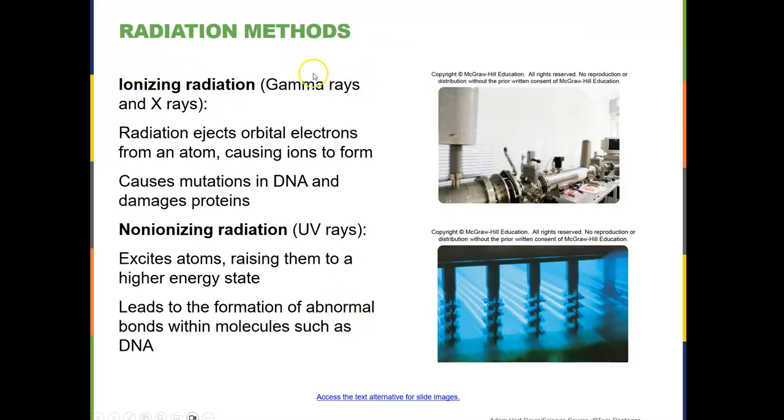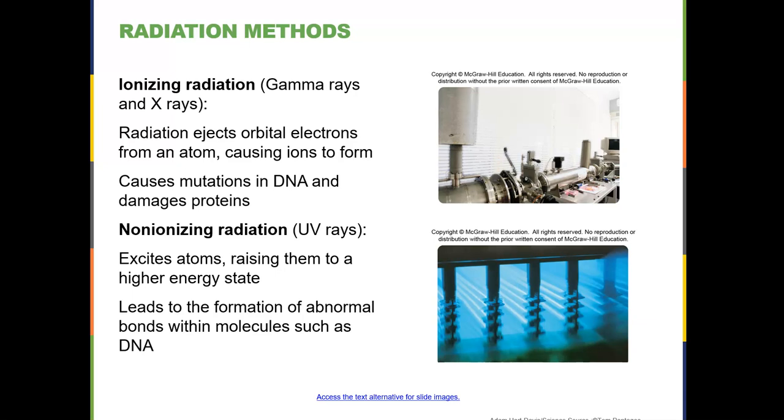Ionizing radiation, which is your gamma rays and X-rays, ejects electrons out of an orbital from an atom, causing ions to form, causes mutations in the DNA and damages proteins. So those are the shorter wavelength, more effective sterilization methods.